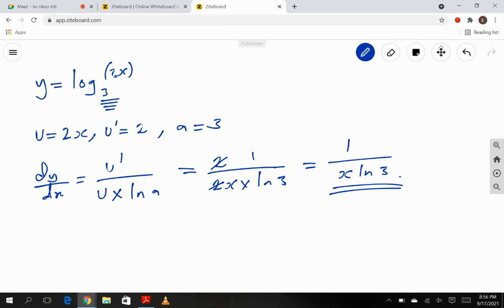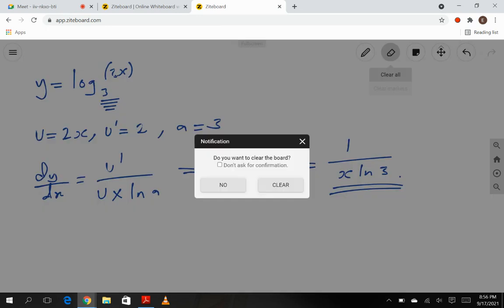So let's look at another example before we proceed to the other things. So it's this again. You do the same thing, define your u.